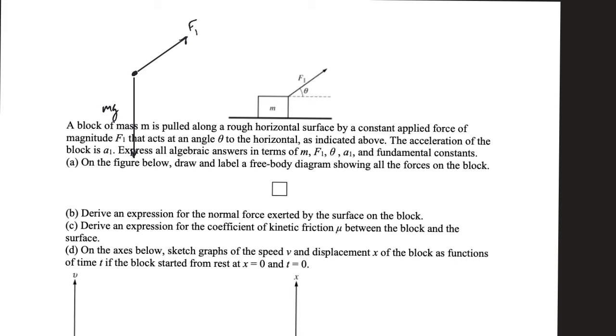This one, F1, pulls upwards about that much. I'd say that's maybe slightly less than half of the weight. So my normal force should be a little bit bigger than that. Set together, the upward force from the normal force and the upward portion of F1 equal out with mg.